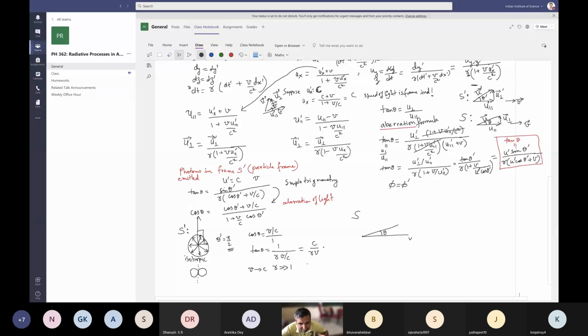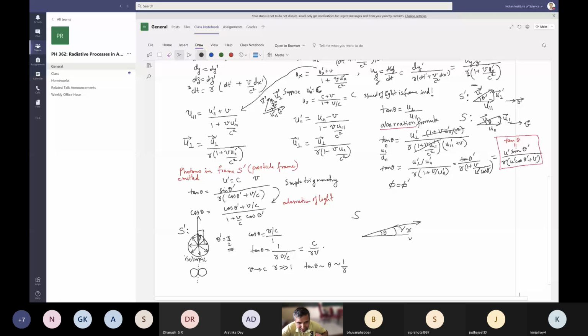Tan theta is of order theta, which goes like 1 by gamma, and what it means is very profound. All this radiation which was going isotropically, this ray at 90 degrees, has become this ray at an angle 1 by gamma, a small angle.